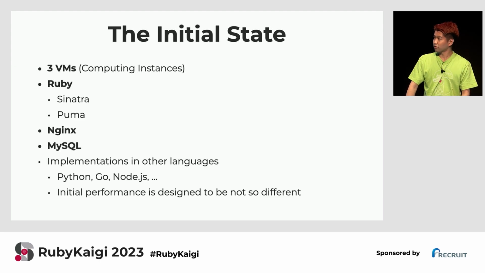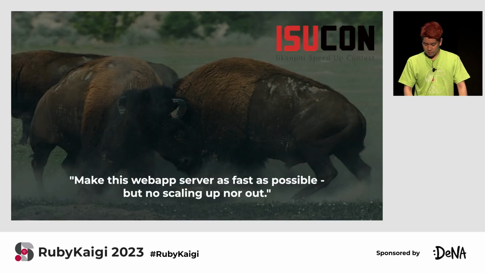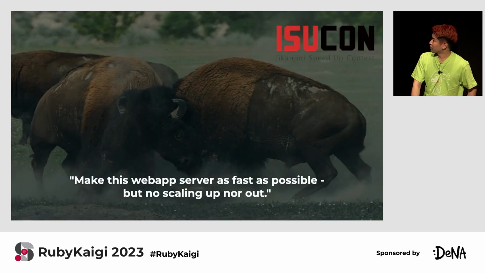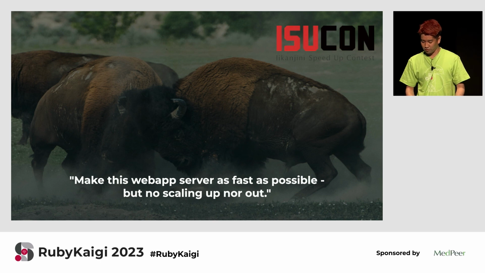The initial performance is designed to be the same, so it is said that there's no difference between the languages. Basically, we're just speaking about making this web app server as fast as possible within 8 hours. You can't scale, you can't buy more servers, but you can do everything else.